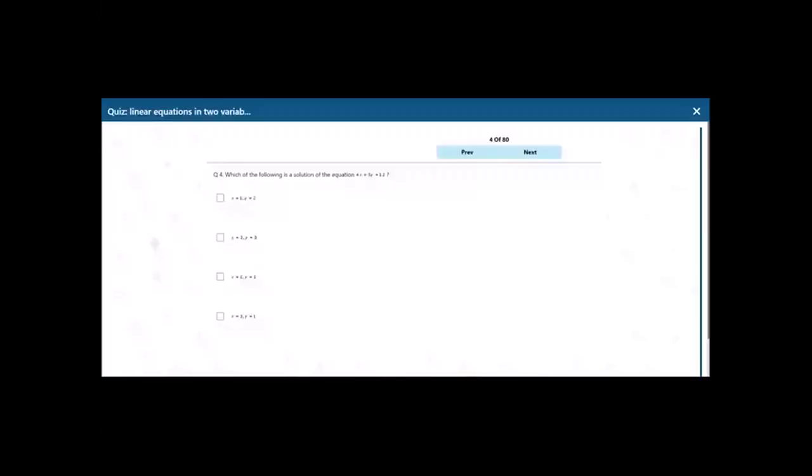This question is for Pratiksha. Which of the following is the solution of the equation 4x plus 3y equal to 12? Pratiksha? Yes, ma'am. This is your question. Which is the solution? Put the values for x and y. You should get 12.